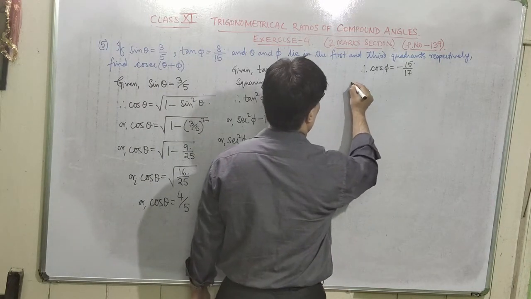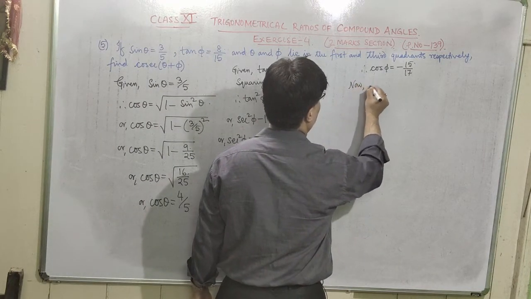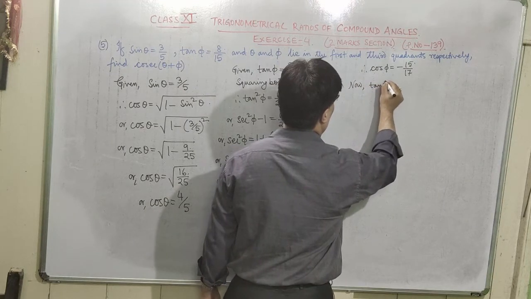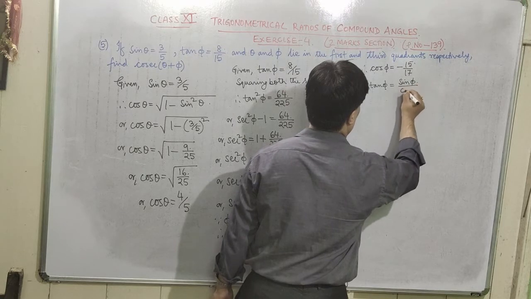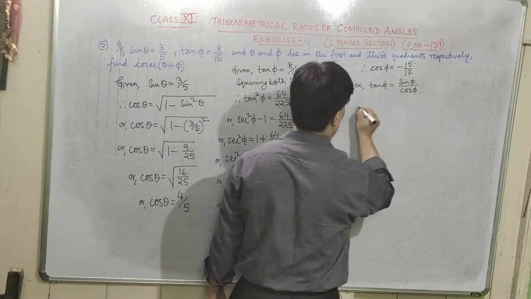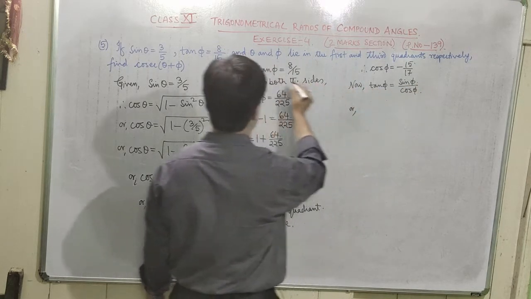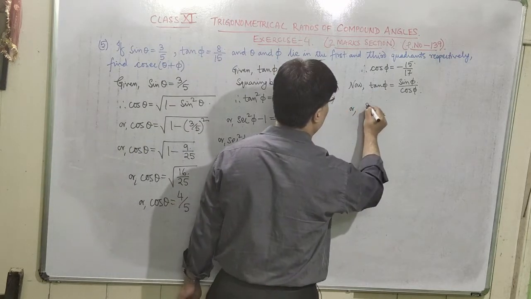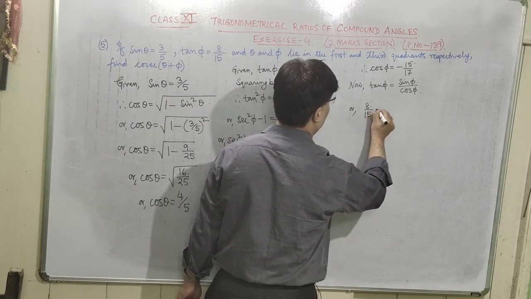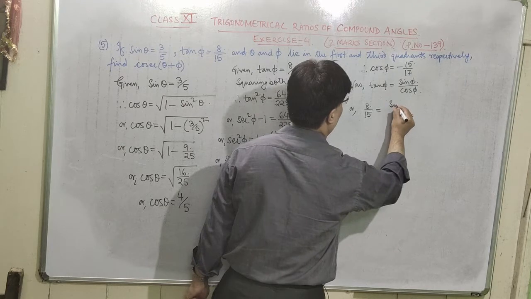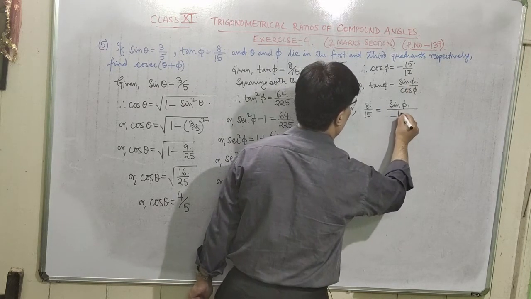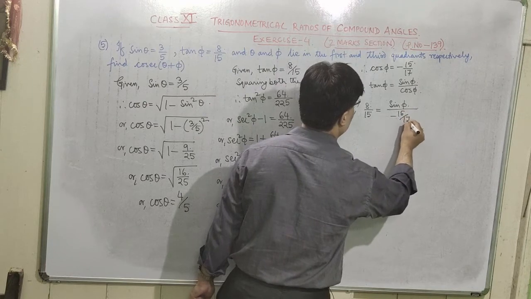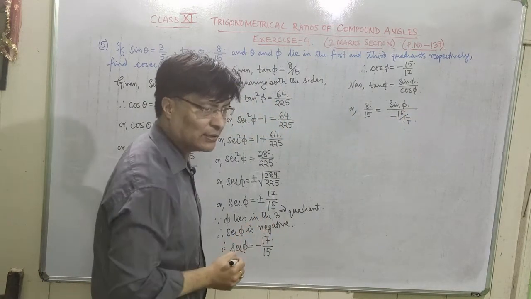Now you know that tan phi is equal to sin phi upon cos phi. Here tan phi is 8 by 15, which is equal to sin phi divided by cos phi, minus 15 by 17. Is that clear?